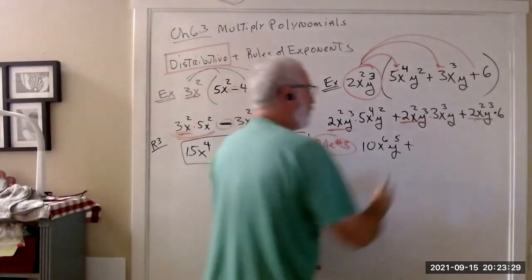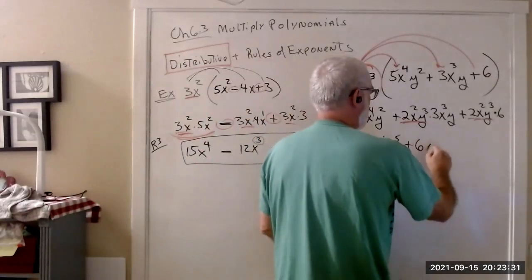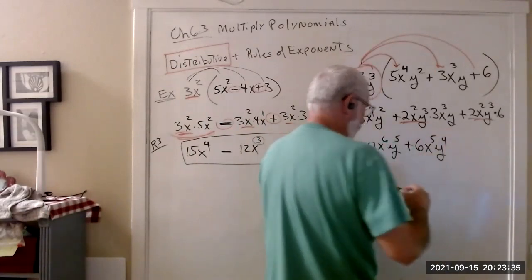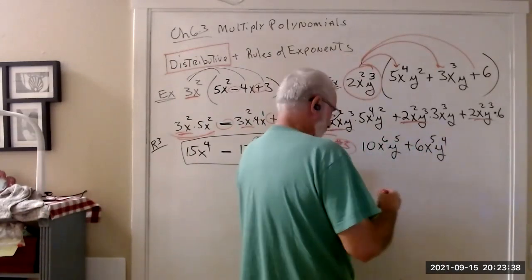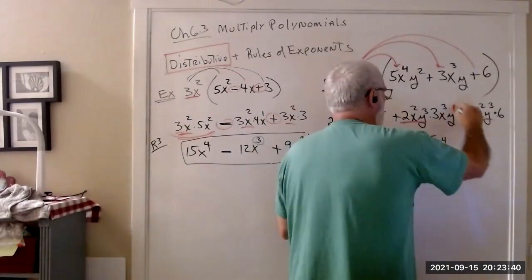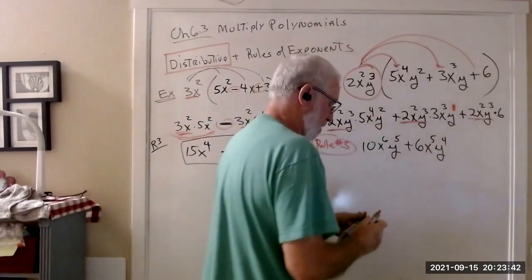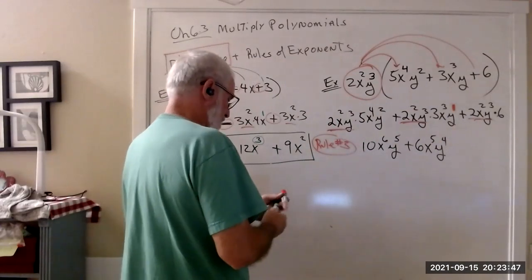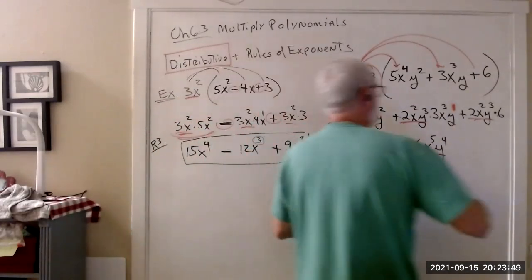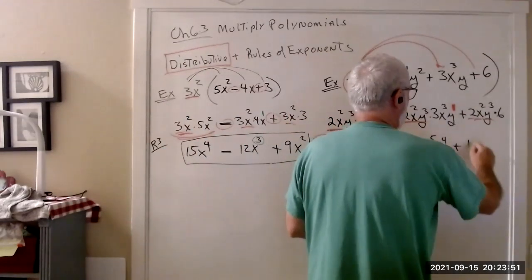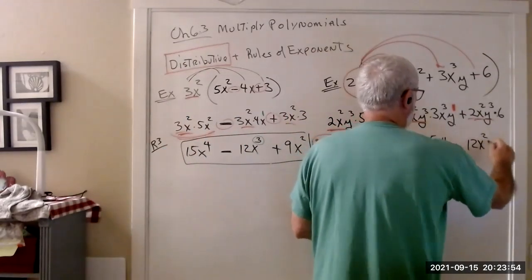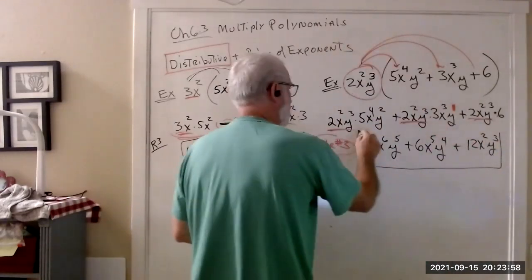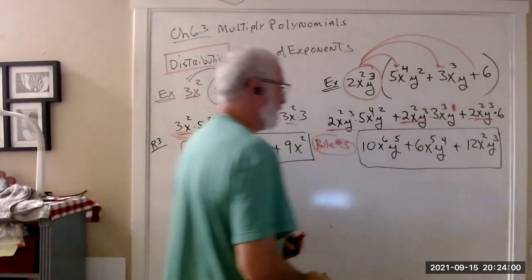Okay, this becomes 6 x to the 5. Be careful, this is y to the 4. Again, it had that invisible 1 there on the y. And plus comes down, final answer 12, x to the second, y to the third. And that is my final answer.